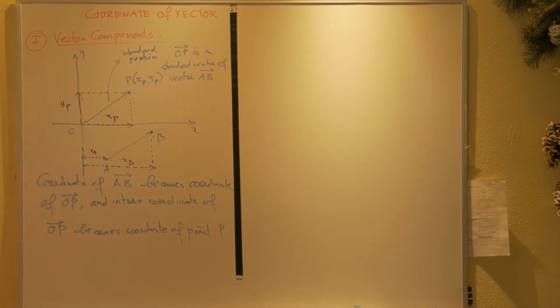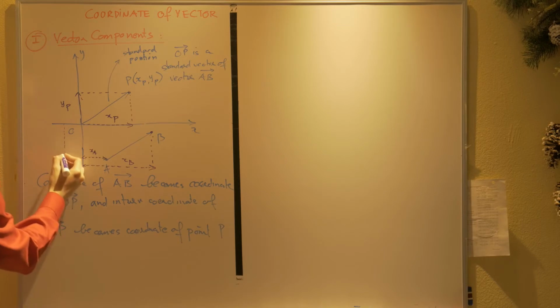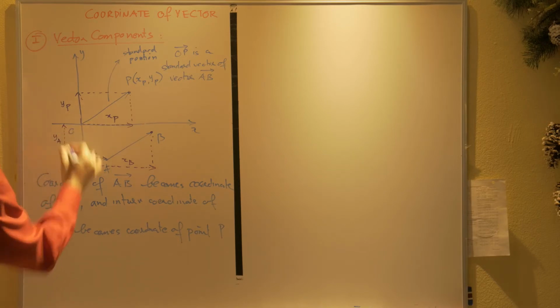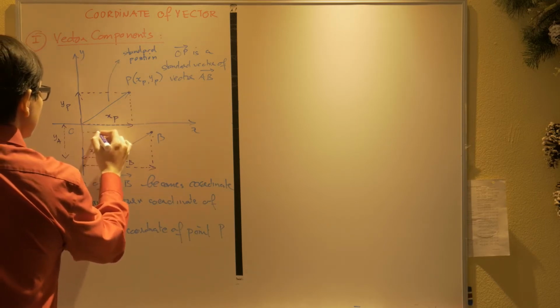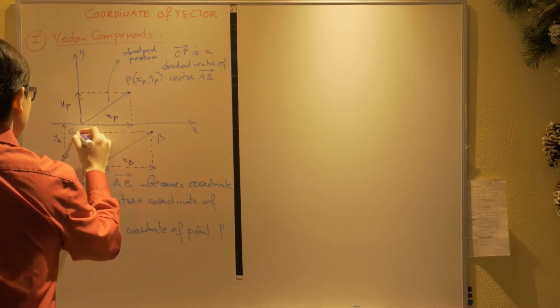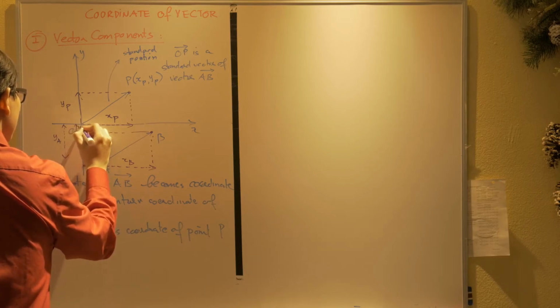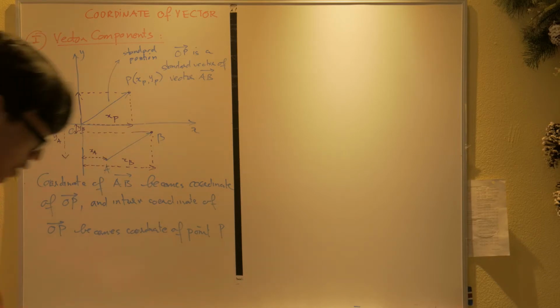The Y component of point A is from here to here, so this is YA. And the Y component of point B is from here to here, this is YB. Okay, so what do you see over here? What do you see?